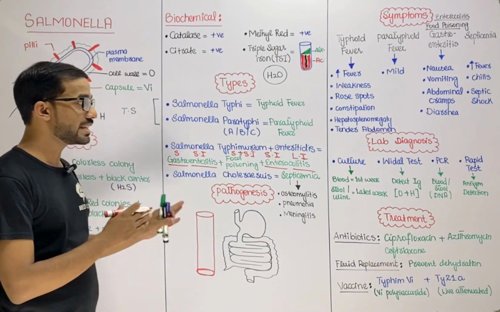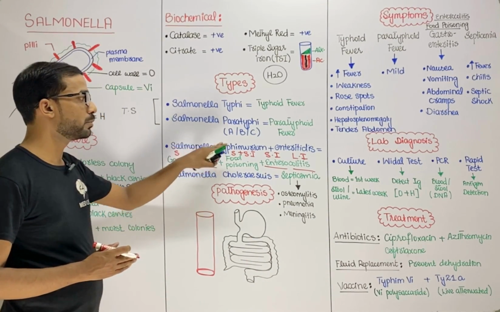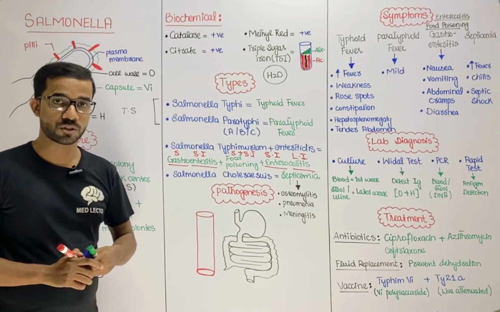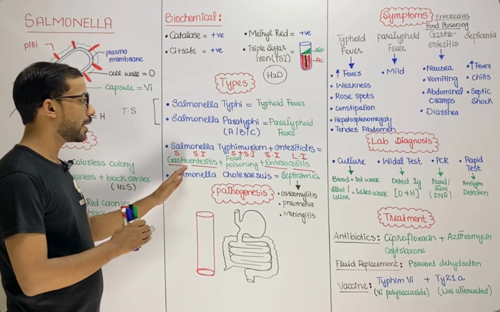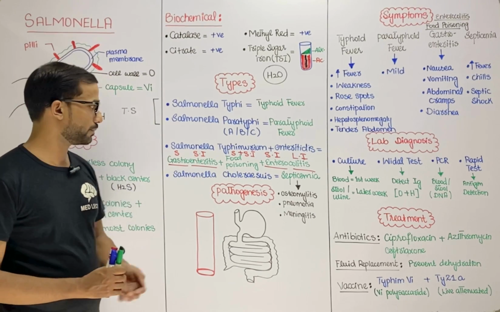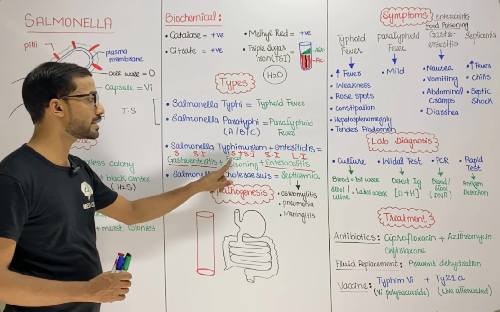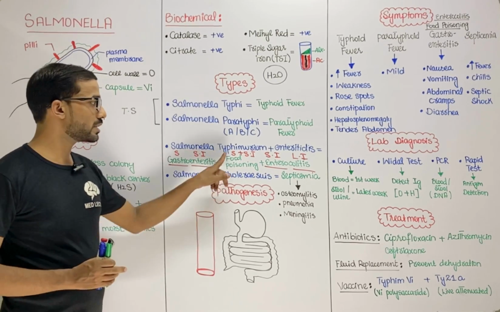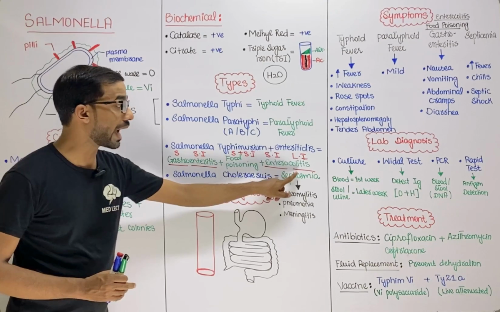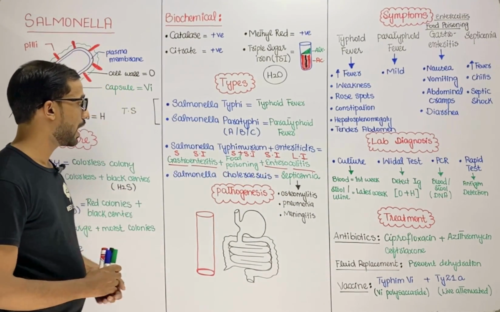So these different names are the diseases caused by the typhimurium and enteritidis species, and we categorize them according to the location in the gut. Gastroenteritis: stomach and small intestine. Food poisoning: the location will be the stomach and small intestine. And enterocolitis: entero means small intestine and colitis means large intestine.